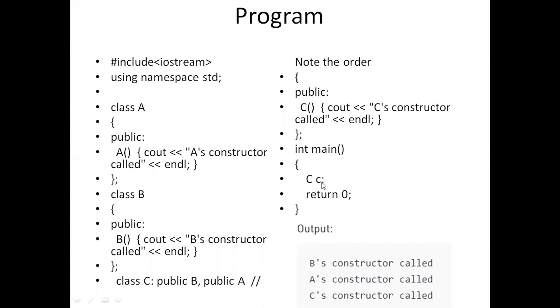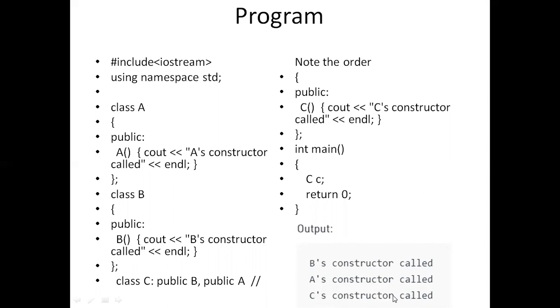When we create the object of this class, what happens? The constructors are called: first the constructor of class B, then the constructor of class A, and then the constructor of the class itself. This original constructor is called the third time. Okay, so here's the output: B constructor called, A constructor called, and C constructor called.